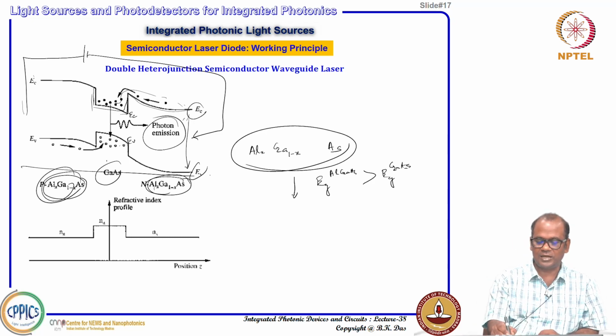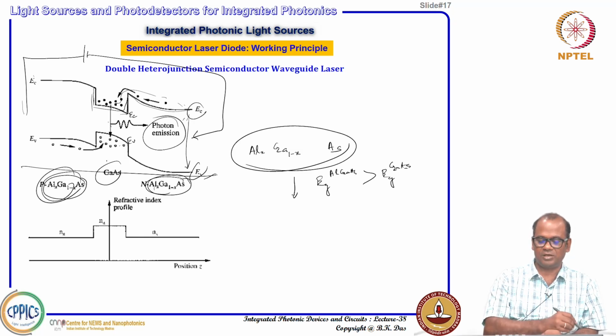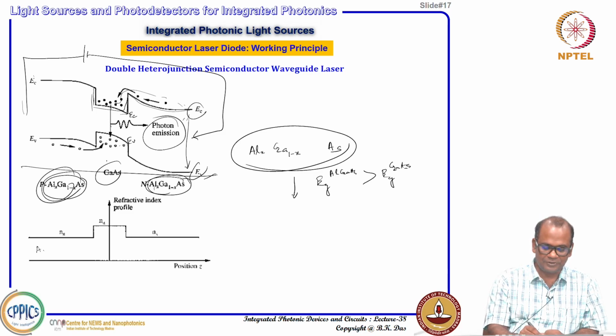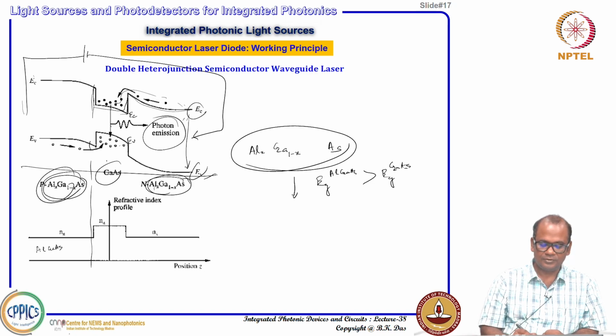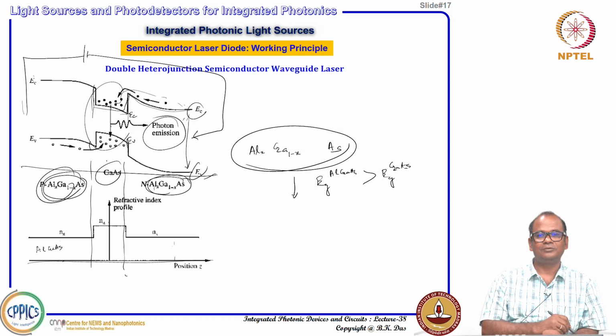Suppose this is the x direction, but at the same time one advantageous situation came. What is that? When the band gap is reduced for a compound semiconductor, its refractive index normally increases. So, on the AlGaAs side the refractive index is lower, and on the gallium arsenide side the refractive index is higher.